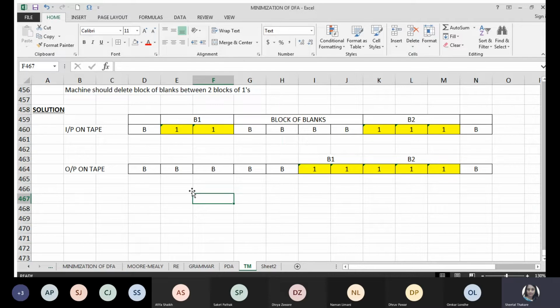You don't know how many kilometers it is, might be 35-40 kilometers of tape, and you don't know how many blocks there are or how many ones are in each block. You have a bike with you to remove the blanks and shift these ones in between CST and Bharati Vidyapeeth. So how will you do that? Try to think.